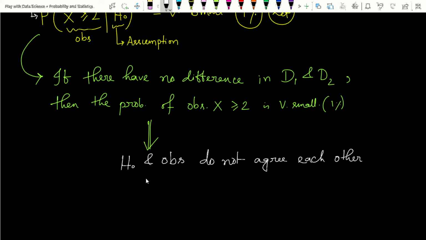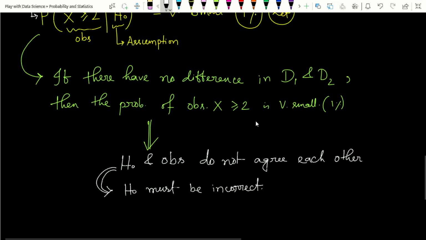That implies H0 must be incorrect, because they do not agree and we got a very small probability value.